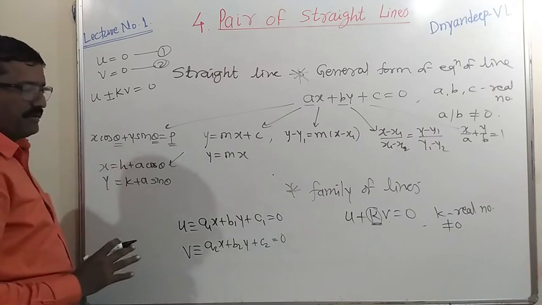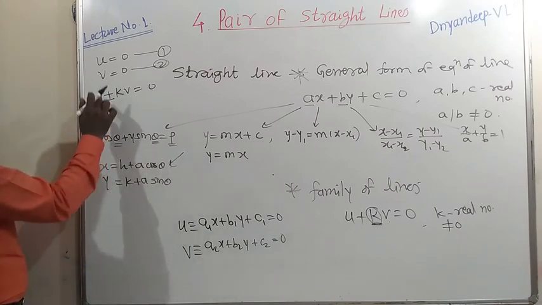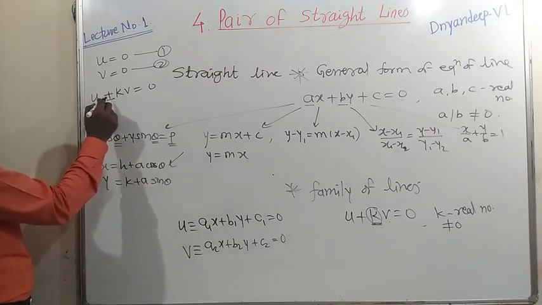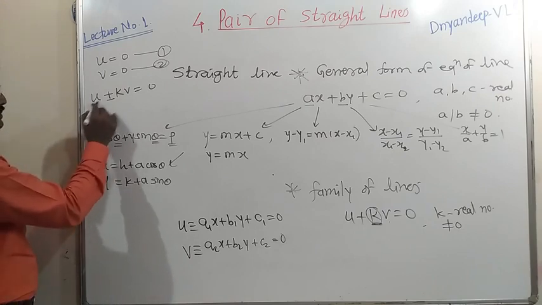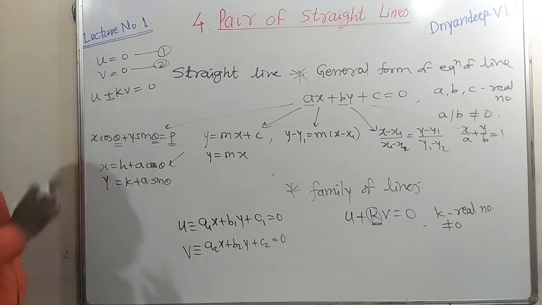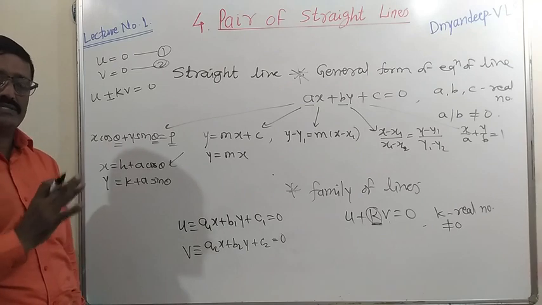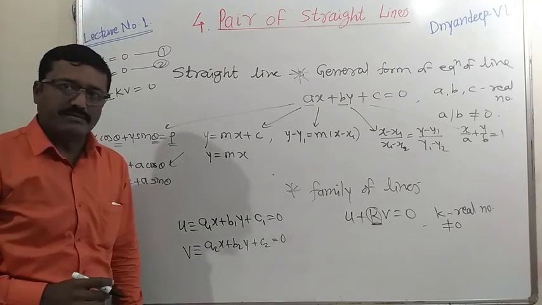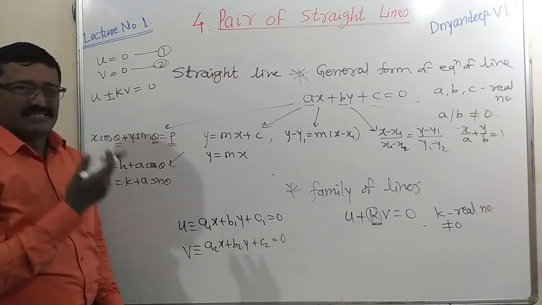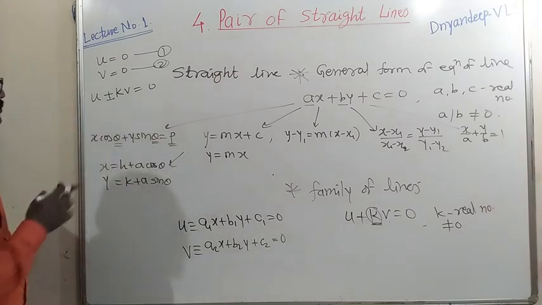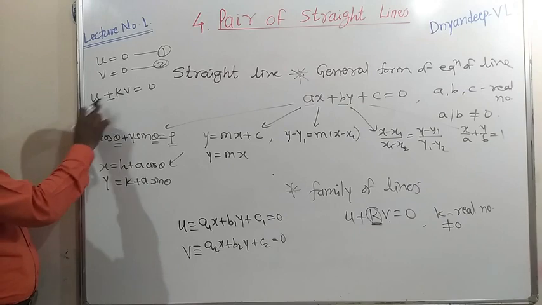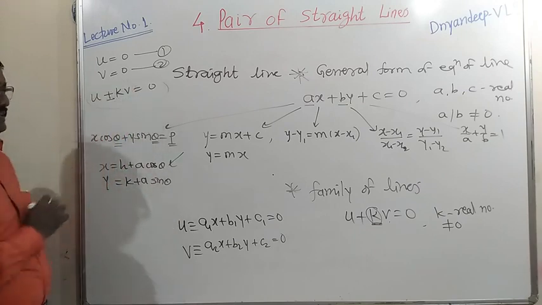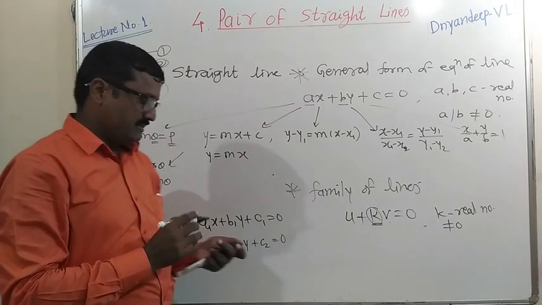It is also the family of lines. There is no issue about the positive or negative sign. Actually, this addition and subtraction of two linear equations we have done in our previous classes, from I think 7th class or 8th class also. So it is not new for us, but we have considered this equation as the family of lines.